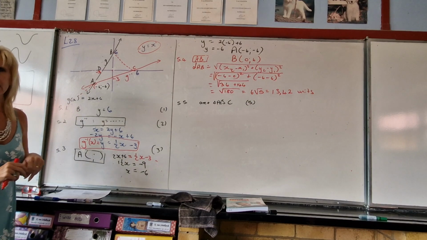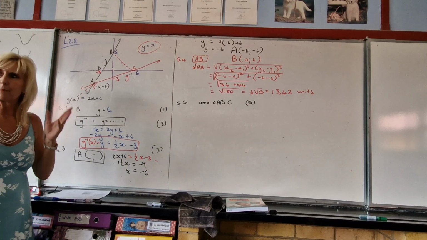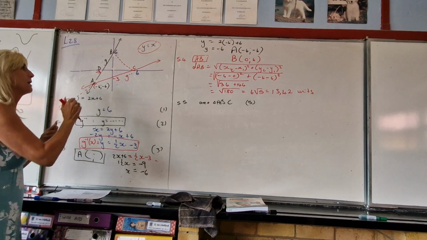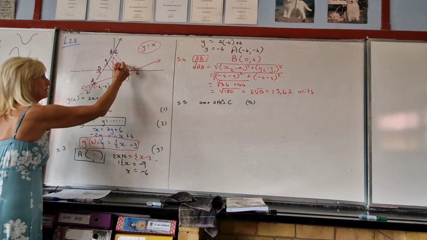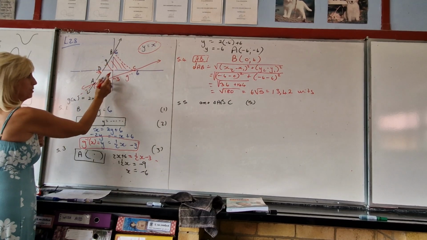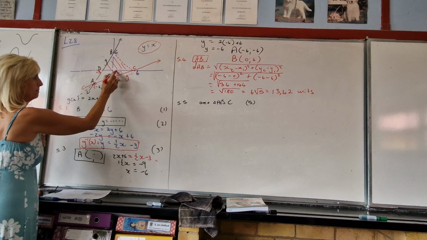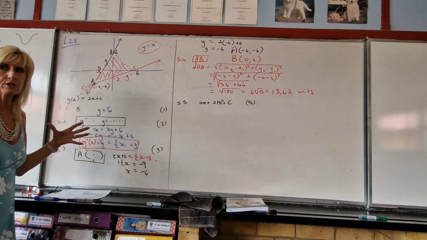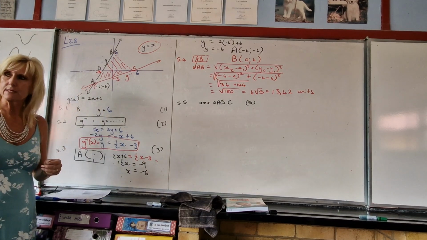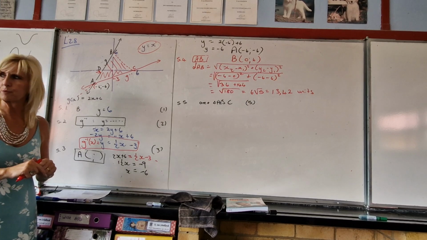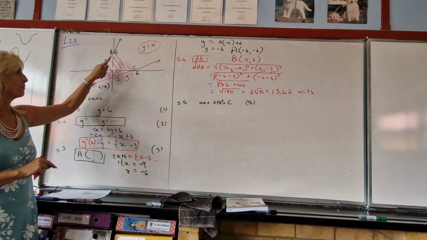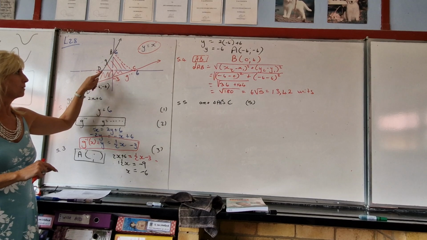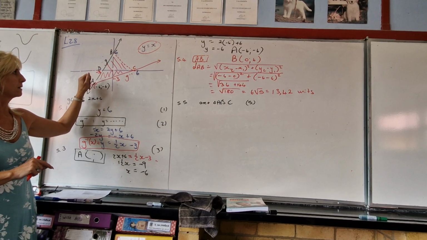It doesn't look like it. But can I not split it up and have maybe the top one and the bottom one? Are you with me here? And get the 2 separately and then add them together. But still, can I work with half base times perpendicular height? For this triangle, what is the base and the height then?